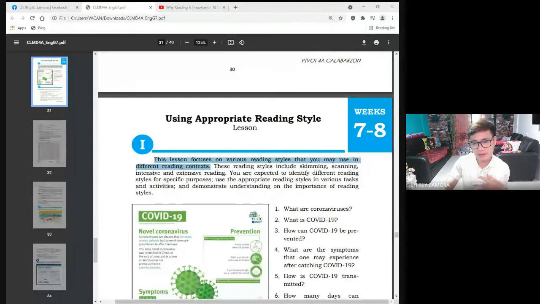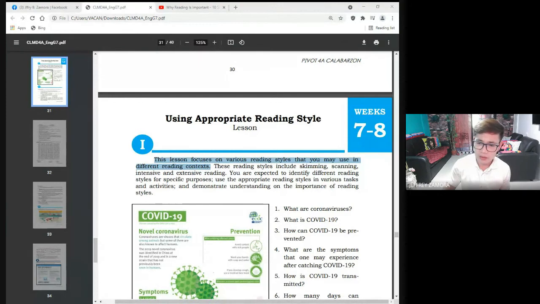If you know the format of the paragraph and the contents of each paragraph, you can easily point out who are the characters. Of course, in the first paragraph, the characters and the setting are always there. Once upon a time, there is a maiden named so-and-so. That's all. You just look at the first paragraph. So which means that is your style in reading.